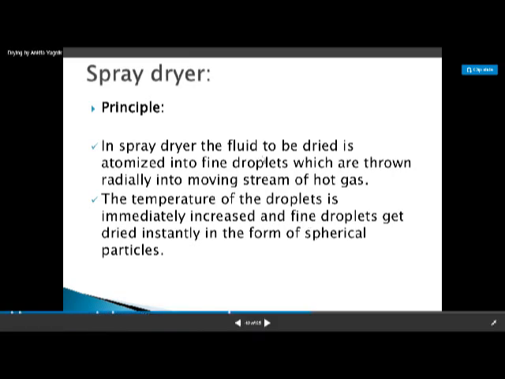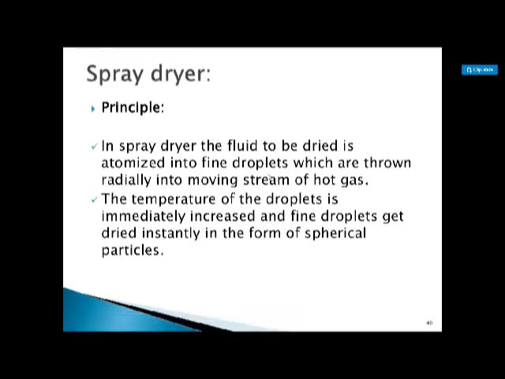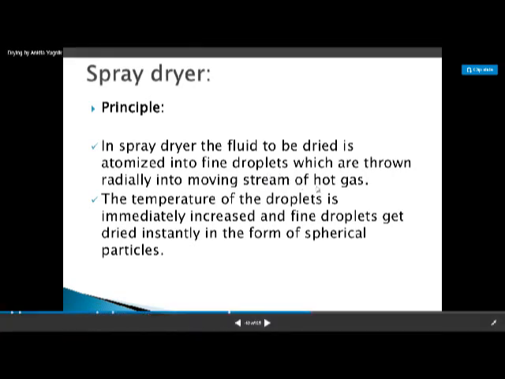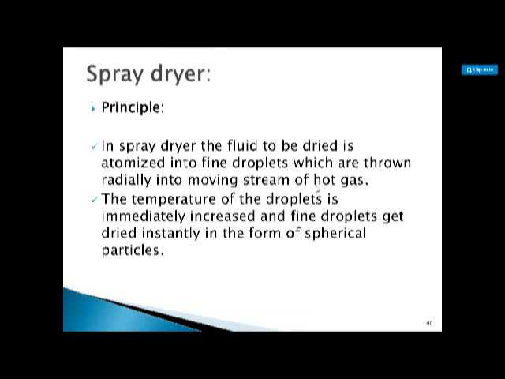So in the spray dryer the fluid to be dried is atomized into fine droplets which are thrown radially into a moving stream of hot gas, right? So that material is atomized into very fine droplets, and the droplets are thrown into the moving stream of hot gas, and due to that hot gas the material is rapidly dried and you get a fine product.